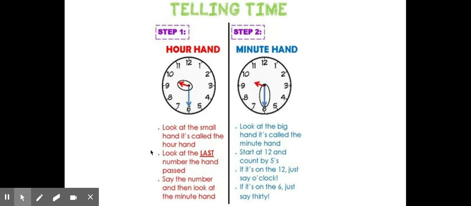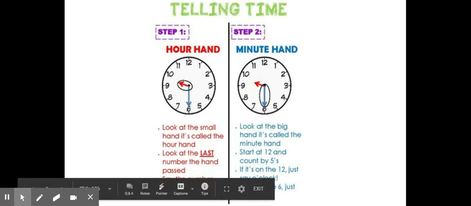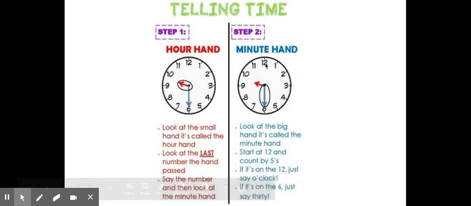After you look at the small hand, the hour hand, to figure out what hour it is, you look at the bigger hand, the minute hand. You start at the 12, just like we did, and you count by 5s. So let's do that together. We're starting with 0, then we get to 5, 10, 15, 20, 25, 30. So in this picture, 30 minutes have passed.